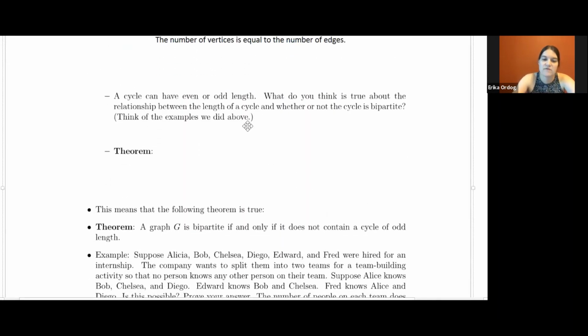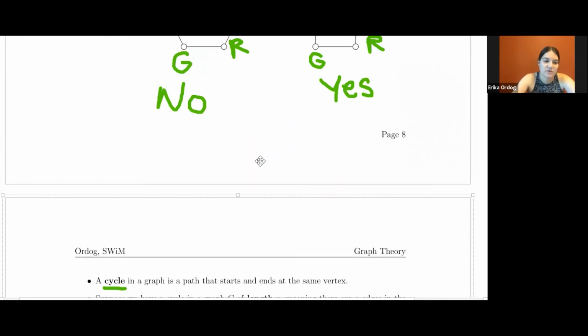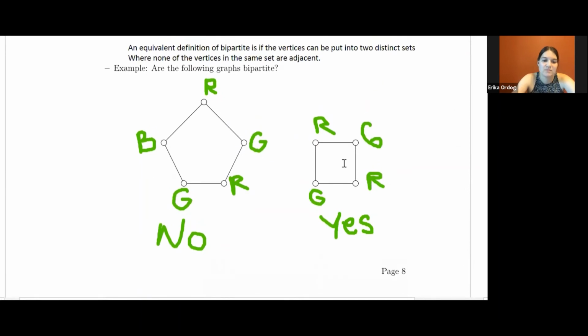And a cycle can have even or odd length. So what do you think is true about the relationship between the length of a cycle and whether or not that cycle is bipartite? Maybe think about the examples we did above. So why don't you pause and think about that for a minute? Okay, so if you're coming back, let's maybe think about these examples here.